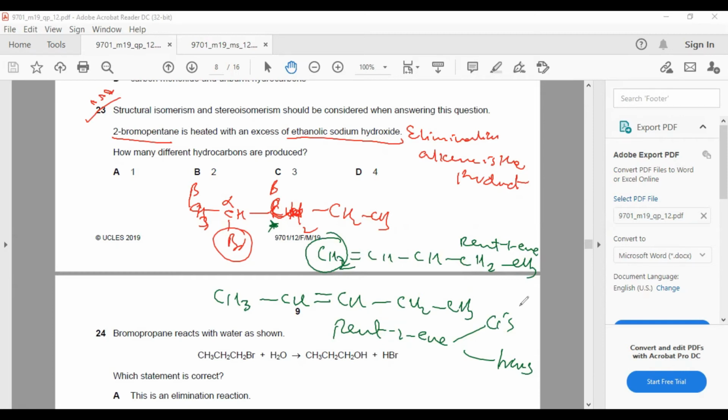So one cis, one trans, and one pent-1-ene. Three products. Answer is 3. Keep in mind, if you are considering cis trans, we don't count its structure separately, because the structure will be any one of them. 1, 2, 3. 3 is the answer.